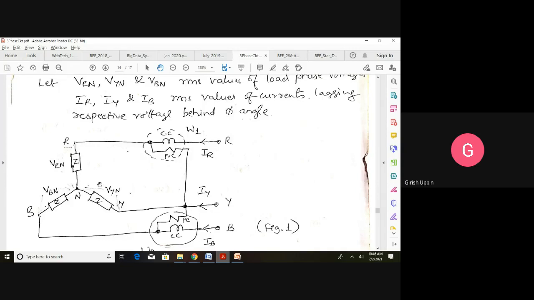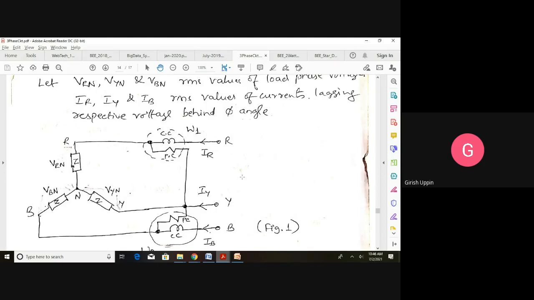And what is the line voltage? VRY. So between these two terminals, the voltage is VRY, and between these two terminals VYB, and between this and this VBR. Those are the line voltages VL.